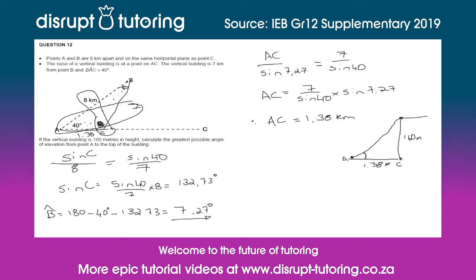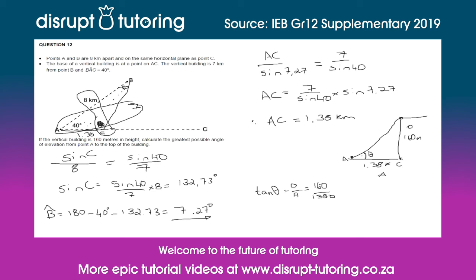This is the opposite and this is the adjacent to this angle. Let's call this angle theta. So tan of theta equals opposite over adjacent, which equals 160 over, let's convert that to meters, 1,380, so it keeps like units.